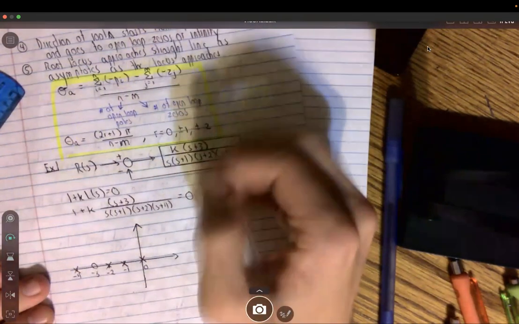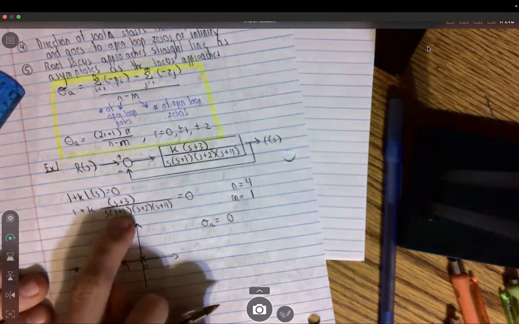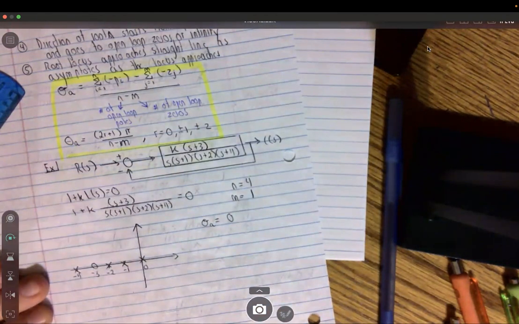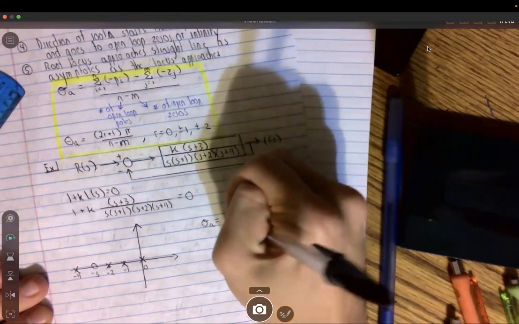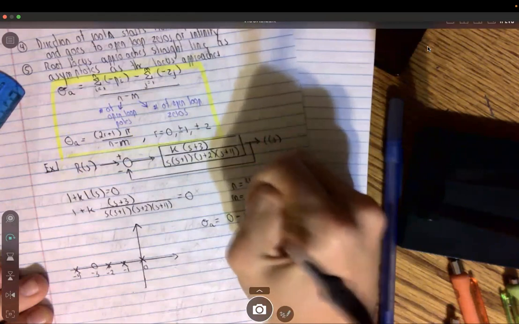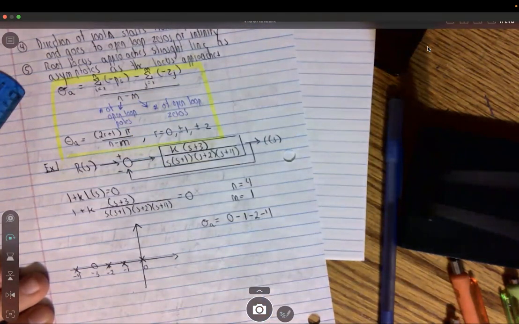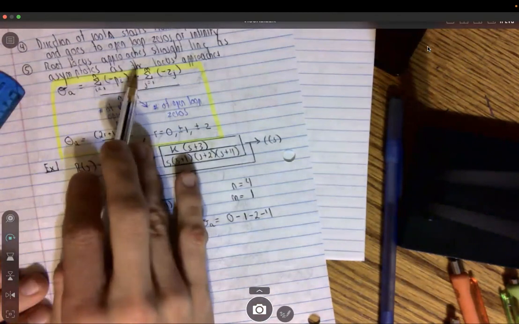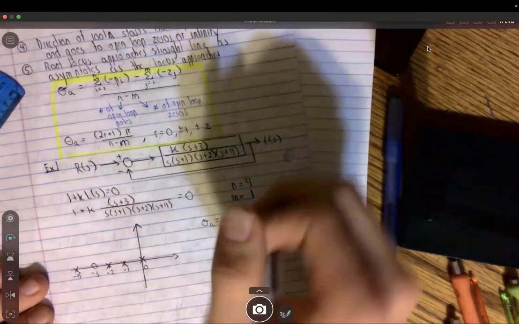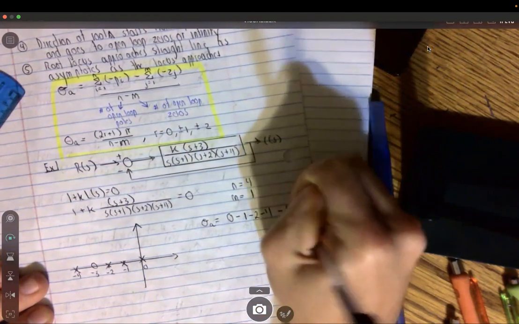So our first one's going to be 0 here. And then our next one's at -1, so we're going to have -1. Then the next one's at -2, and then the next one's at -4. Okay, that makes sense. That's all of our poles. And then we subtract where our zeros occur. So minus, and then our zero occurs at -3.